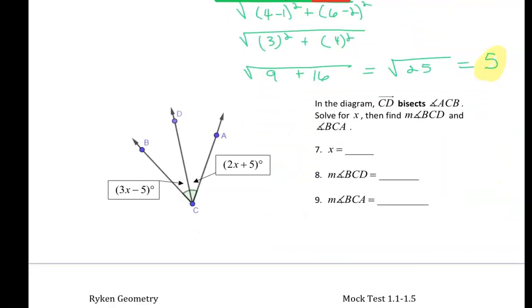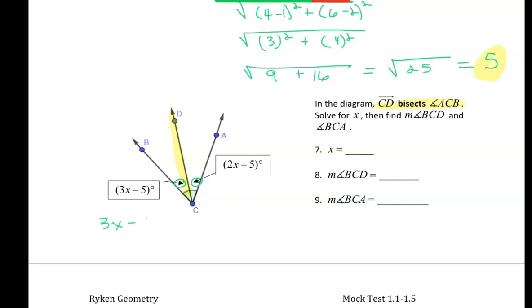Okay, look at this. Point is that CD bisects ACB. So this guy's a bisector. That means that those 2 angles here and here are equal. You have algebraic expressions.